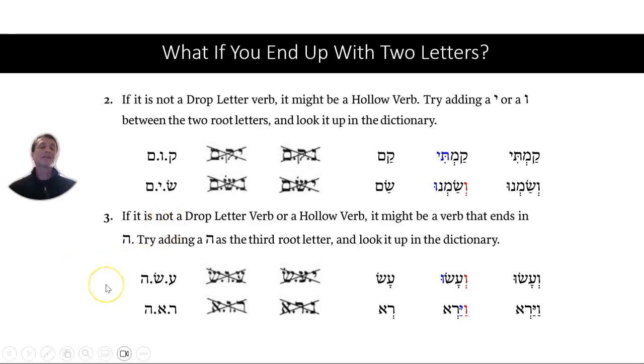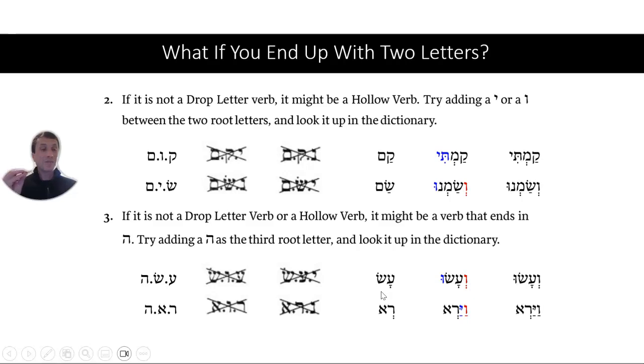Okay, if it's not a drop letter verb, yod or noon, or a hollow verb, it might be a verb that ends in a hey. So you can try adding the hey in as a root letter to look it up in a dictionary. So here we have va'asu. Can we drop the vav off? We drop the u signal letter off. We're left with ayin seen.